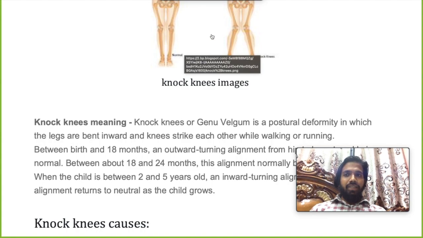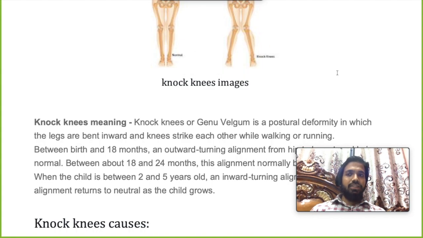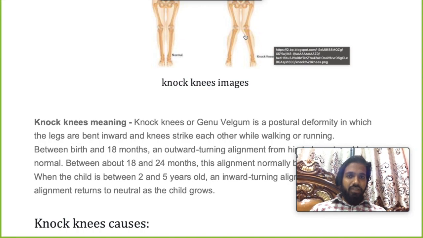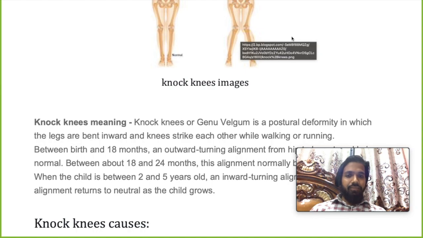By the name only, you can tell the deformity is related to the knees. In the second picture you can see there is an inward bend in front of the knees. The curvature is more towards the inside, and the alignment is not straight, as you can see.